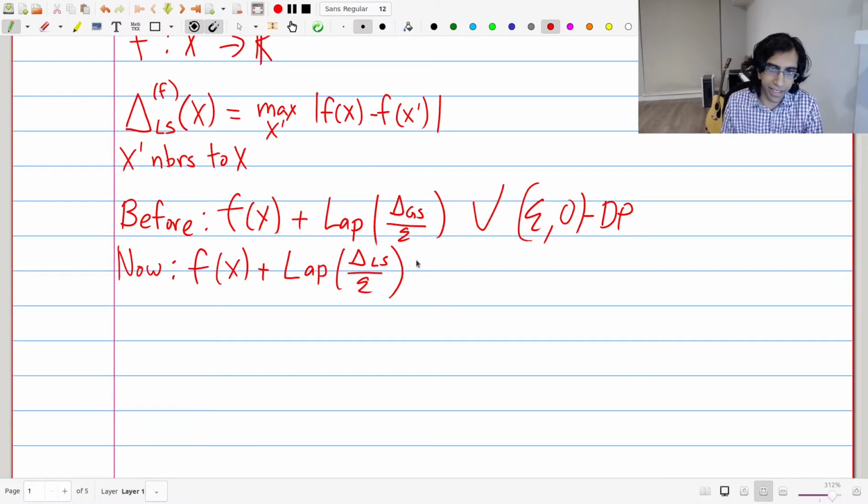And the idea is that, no, this will not be private. In fact, I'll sketch a very simple example for you where this is not private. And before I get to that, you should probably pause and think about why not.